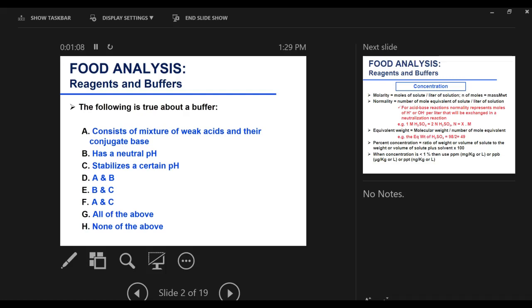In order to learn how to prepare agents and buffers and solutions of different dilutions, we're going to have to remember certain equations that you have for sure taken in the past, whether in high school chemistry or the intro chemistry you take here at the university.